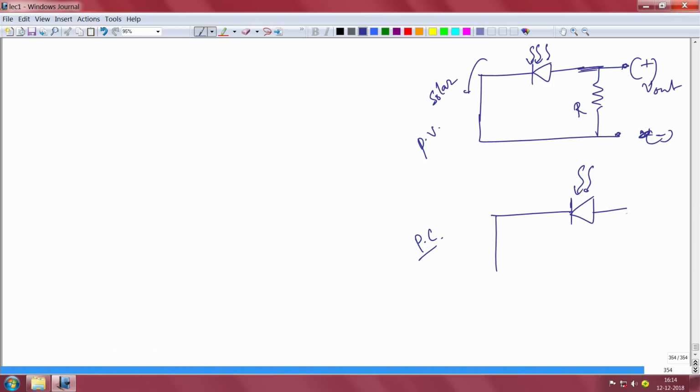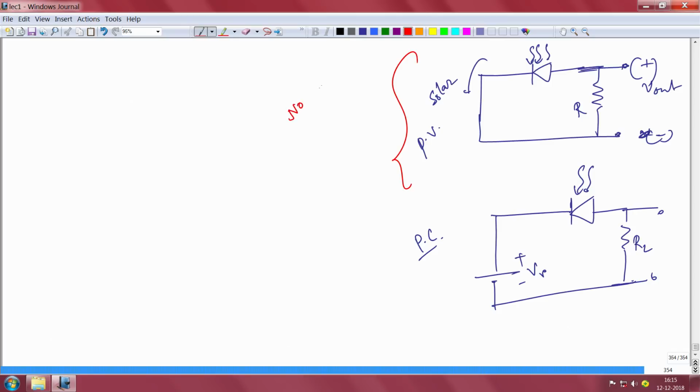This is light, and then you have a resistance, of course, same thing, except that here you will have a reverse bias applied. One important thing is that in case of a solar cell, you don't need a bias voltage, right.